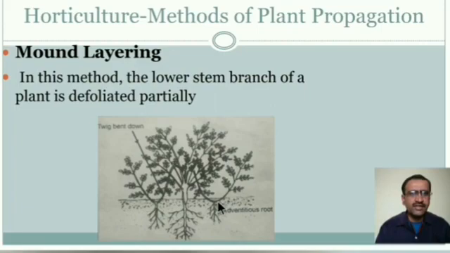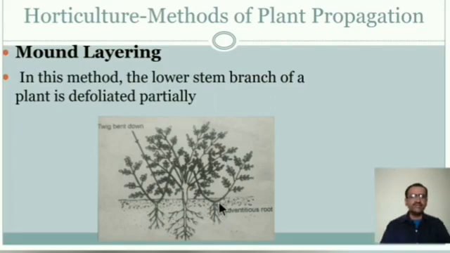The part which is present inside the soil produces a root system after a few weeks, and further this branch is cut from this end, and this plant is grown as a new plant. This method is known as mound layering.